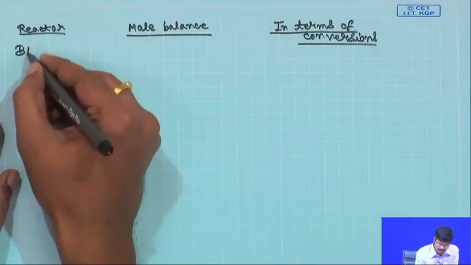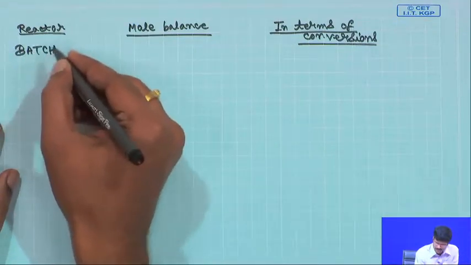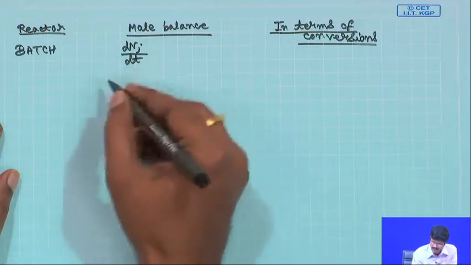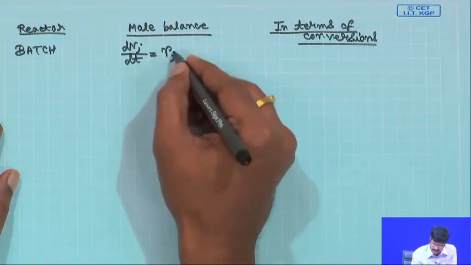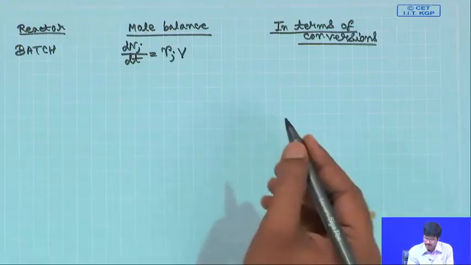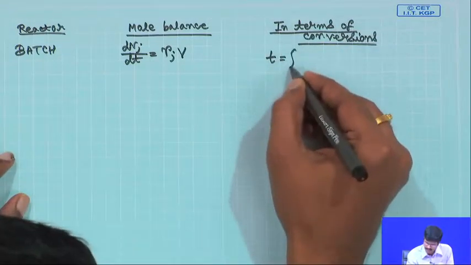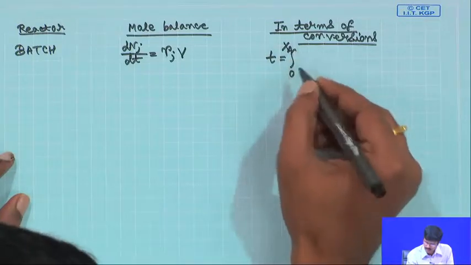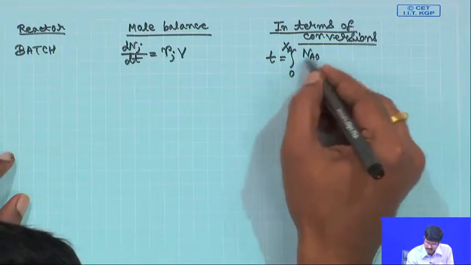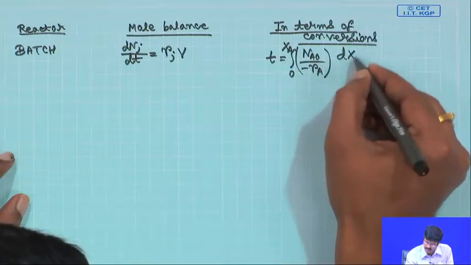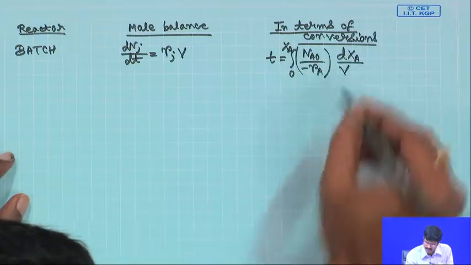So, the batch reactor. For the batch reactor, it is good to recap once in a while, so that you do not get lost in the stream of all this information. In terms of conversion, t is the integral from 0 to x_A of N_A0 by minus r_A V dx_A.